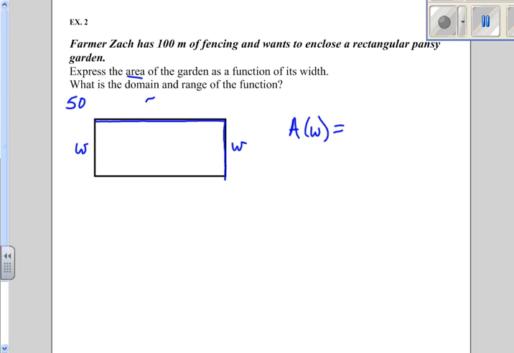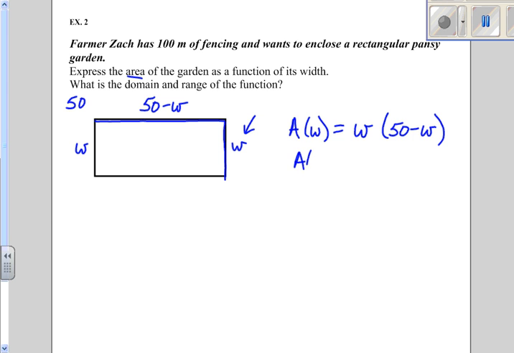So my length is going to be 50 minus w, whatever I took up over here. So if I had a width of 10, I would have a length of 40 to use up 100 meters of fencing. Area is length times width, so it would be w times 50 minus w.